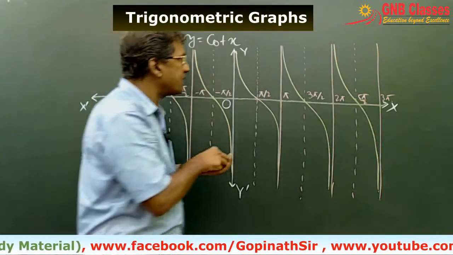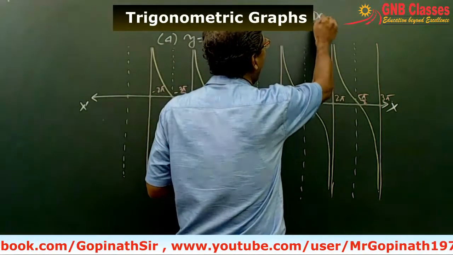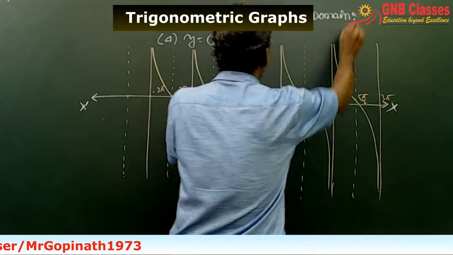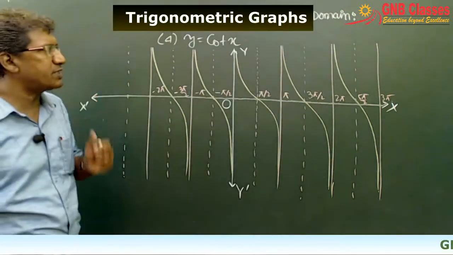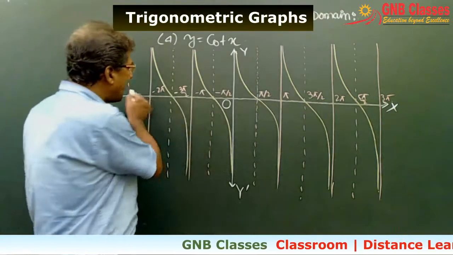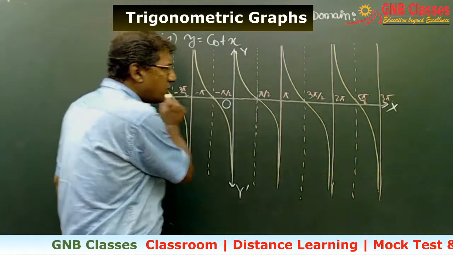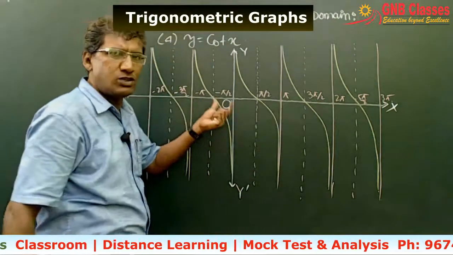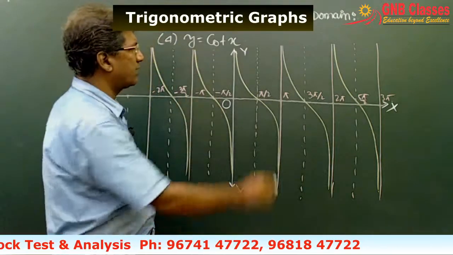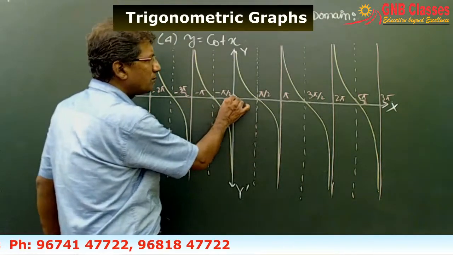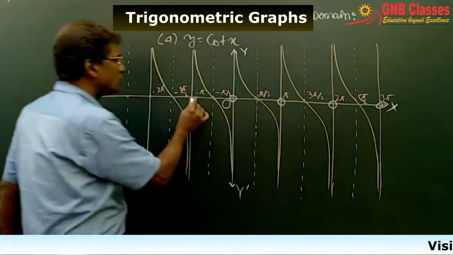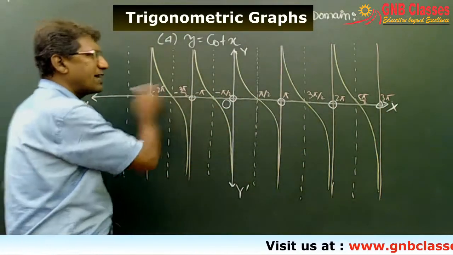Now, if the question comes, what is the domain of y equals cot x? Look carefully. What are the values of x for which you will get a real value of y? If you choose any real value of x, you are going to get a real value of y except the points 0, pi, 2 pi, 3 pi, and so on, minus pi, minus 2 pi, and so on.